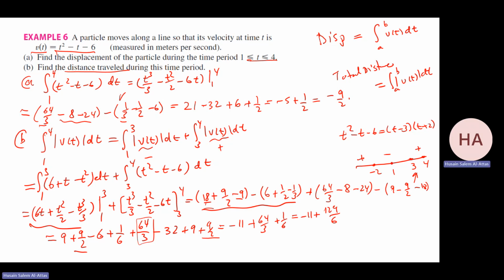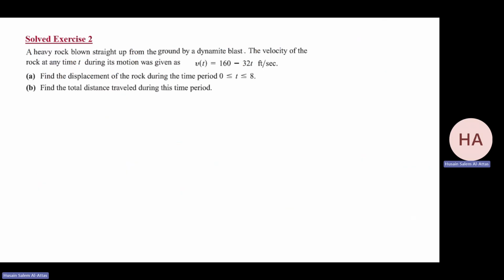So this I can treat as minus 66 over 6, so it will be easy to calculate. That would give me what? Minus 66 plus 129 over 6. You can check the calculations later. That will be what? I have 63 over 6. Is it? Yeah, that's 129. Yeah, something like this.